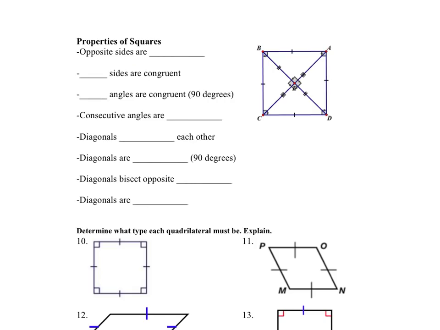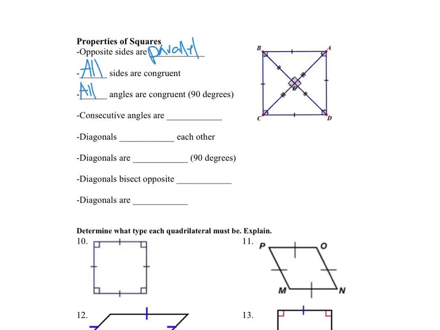All right, jump into our last shape. So properties of squares. So opposite sides are parallel. And then a square, all sides are congruent and all angles are congruent, 90 degrees.